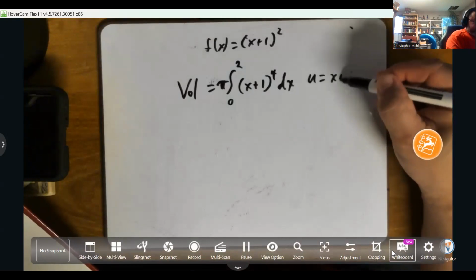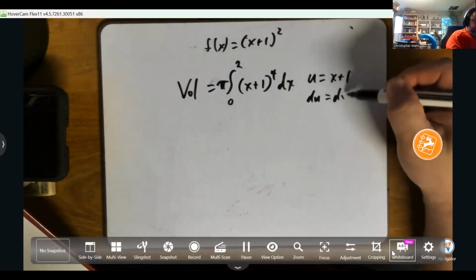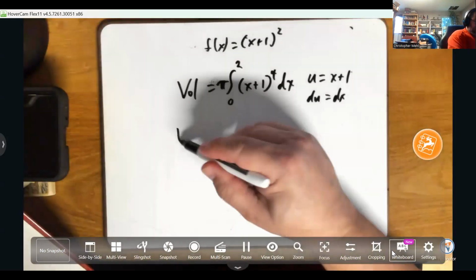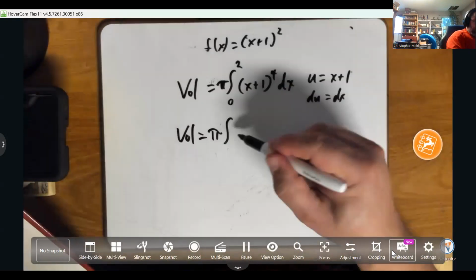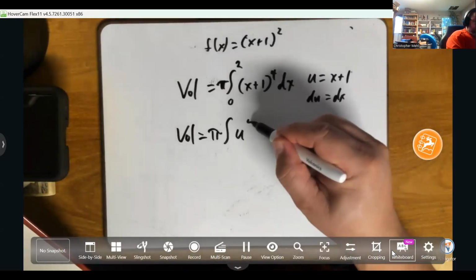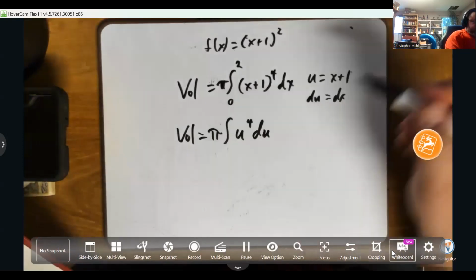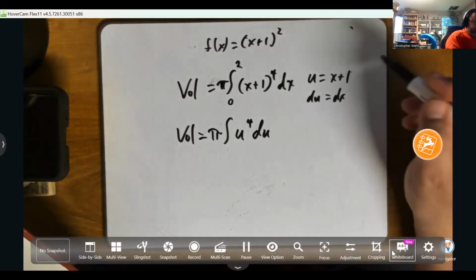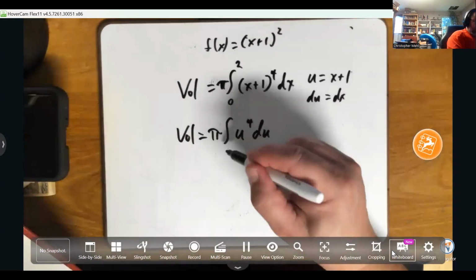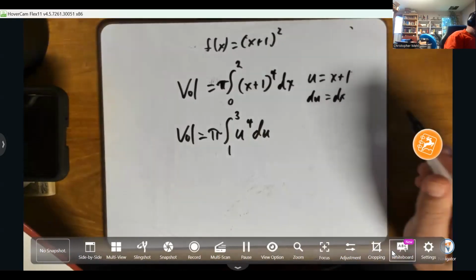We say u equals x plus 1. Du then is dx. And so the volume here is pi times the integral of u to the 4th du, but remember, you got to change bounds if you're going to do that. So when x equals 0, u equals 1. When x equals 2, u equals 3.